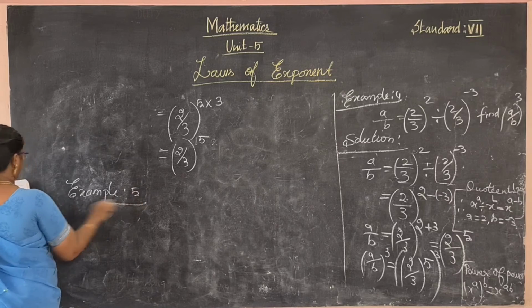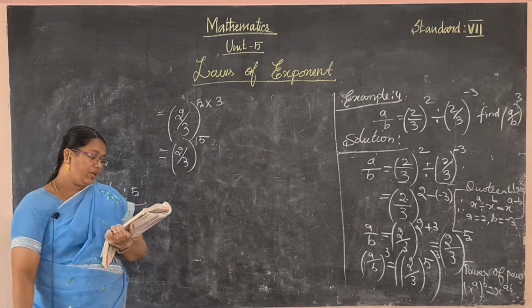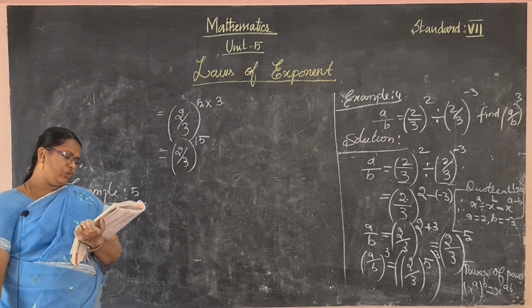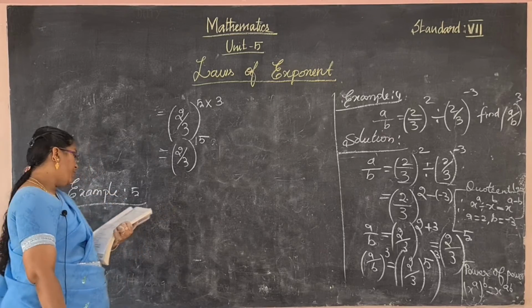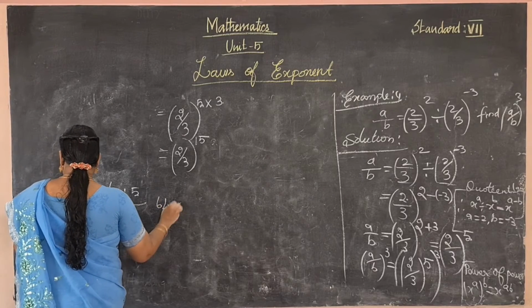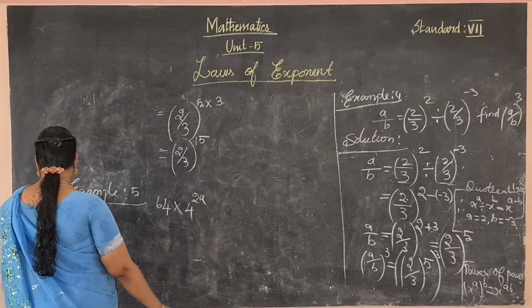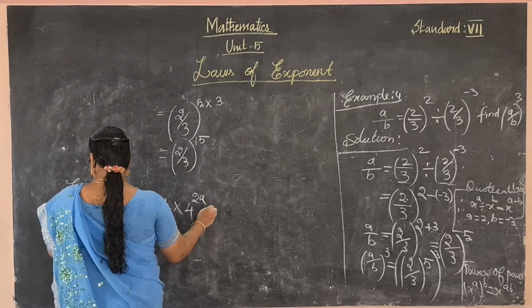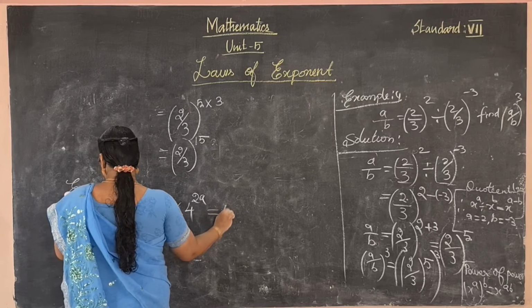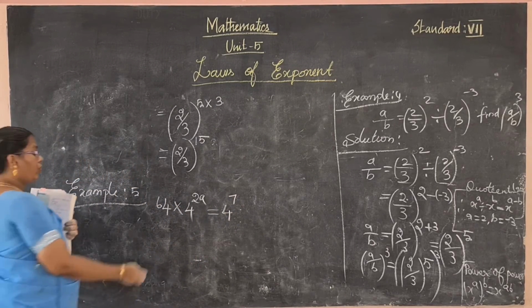Example 5. Find the value of a if 64 into 4 power 2a is equal to 4 power 7. Here the base value is 4.